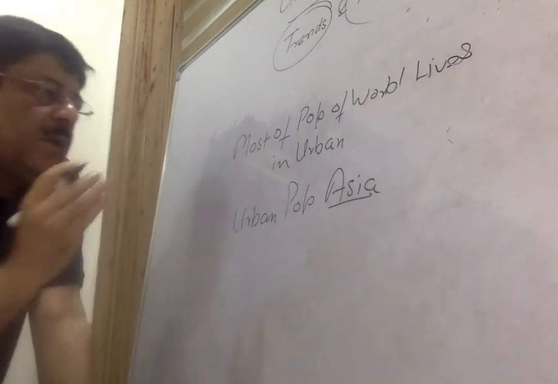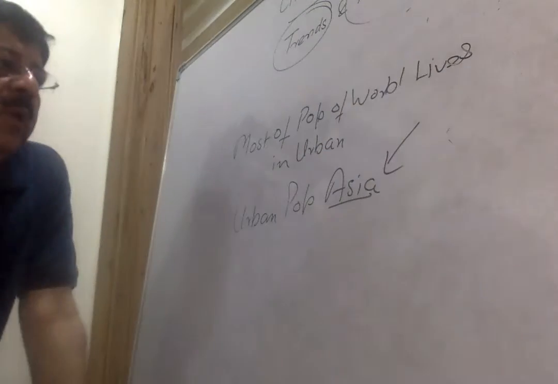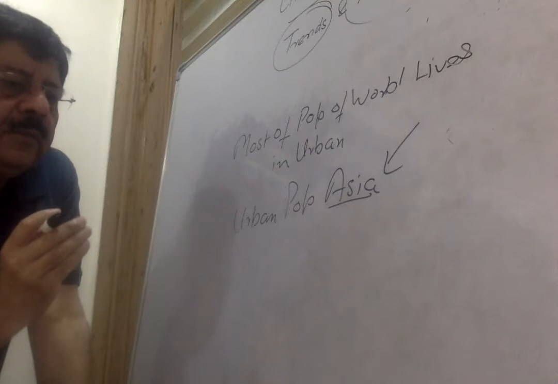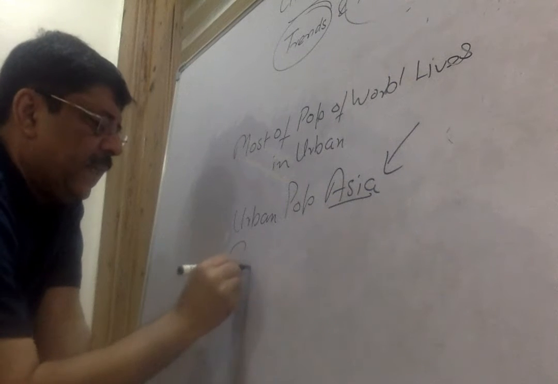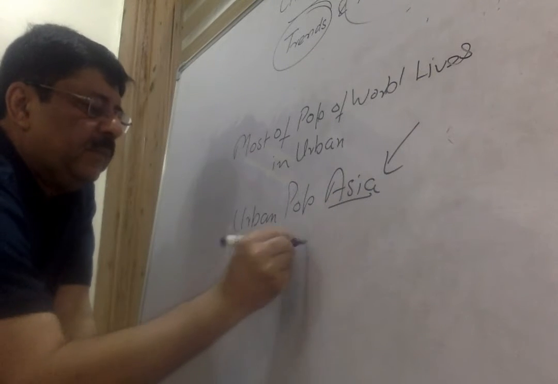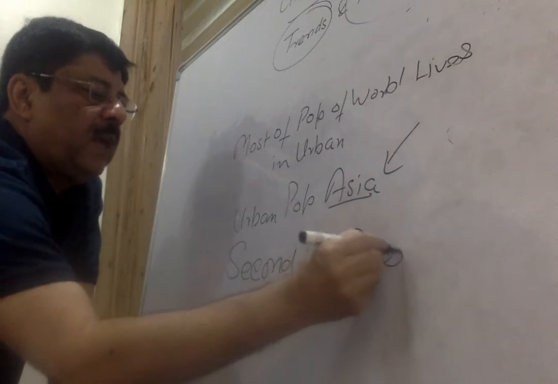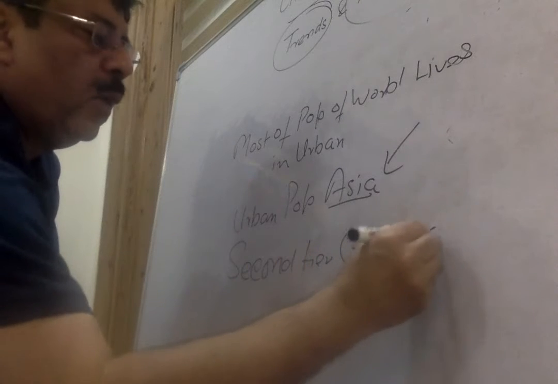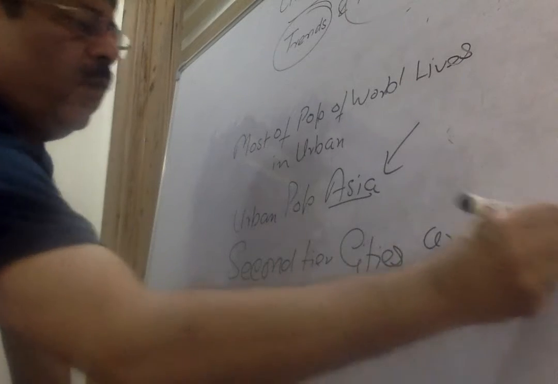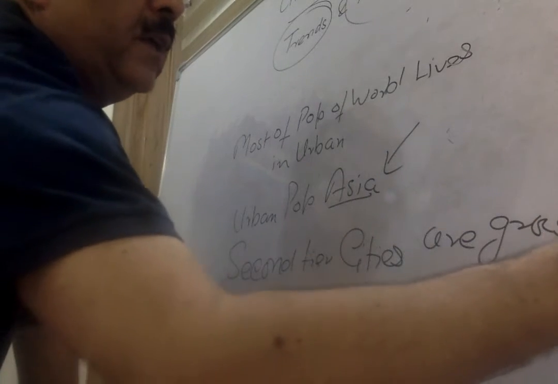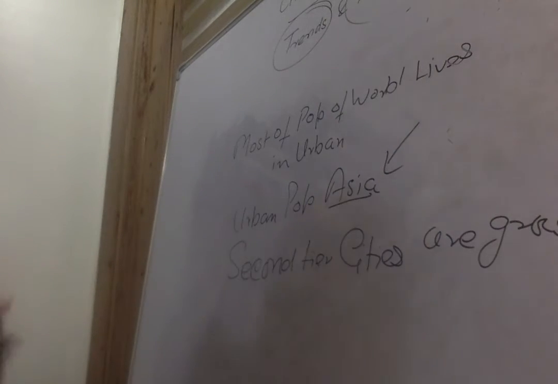So in Asia most of the urban growth lies, and in Asia and India also, second tier cities, slightly small cities, are growing faster. Why is that so? Why are small cities growing faster? Why are big cities not growing faster?